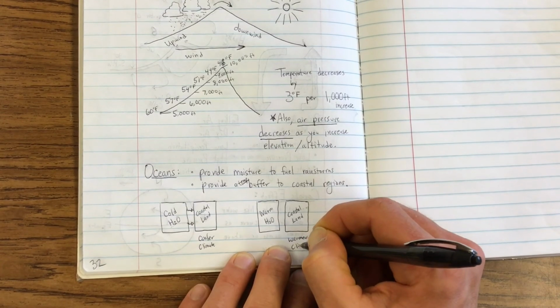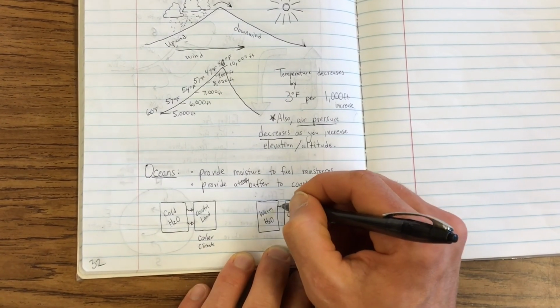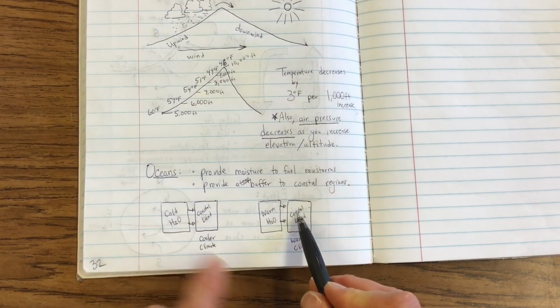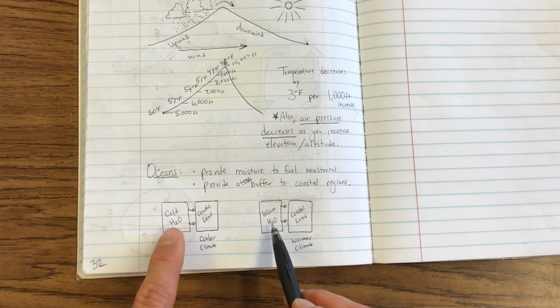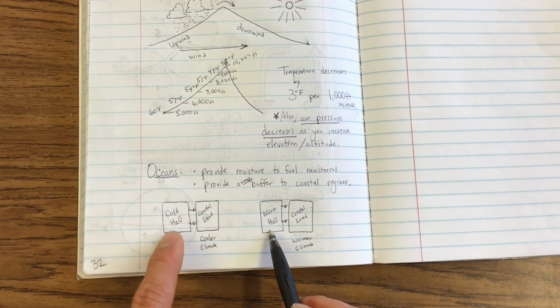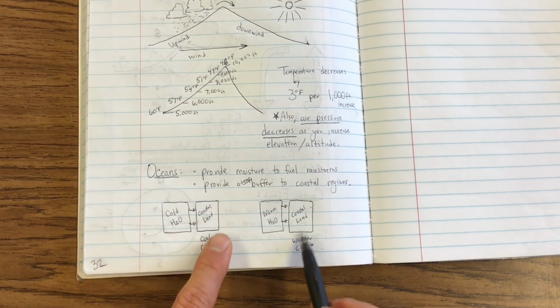And when we say that the water provides a buffer, basically what that means is the land is not going to change temperature very much, because the water next to it doesn't really change temperature a ton. So it's going to moderate how much the land swings its temperatures.